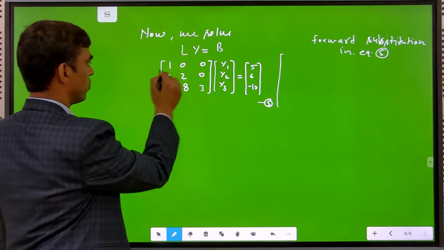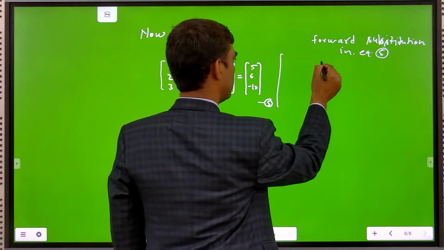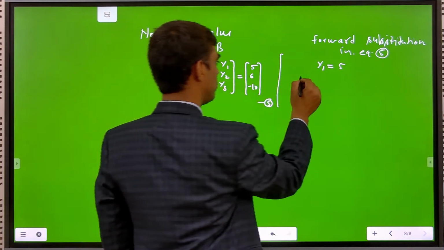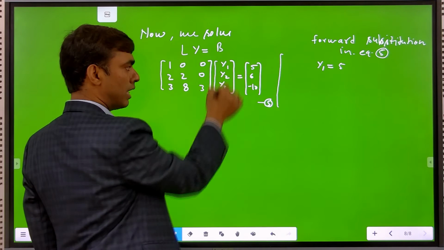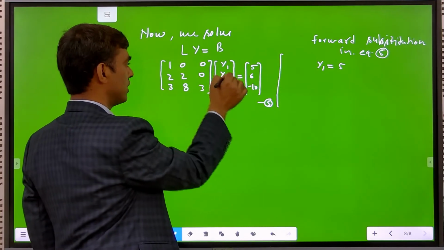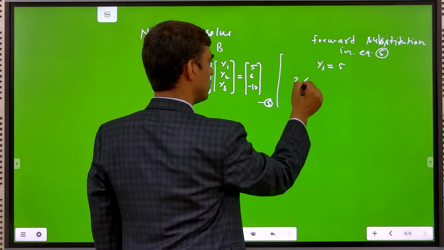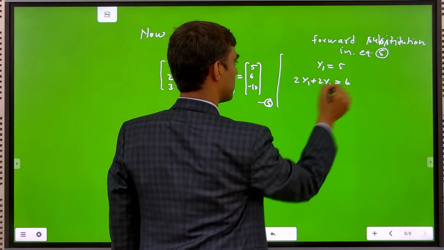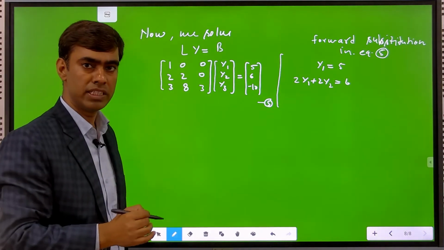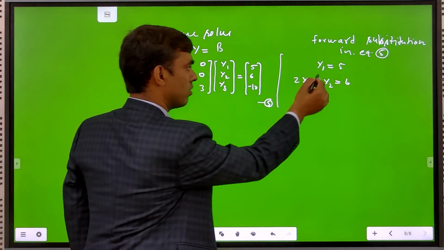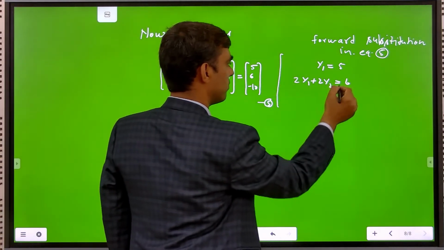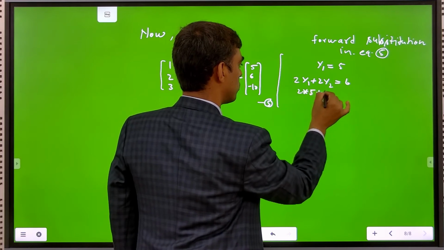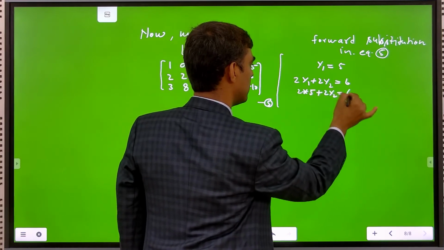Row by column: y1 equals 5. For y2, second row with this vector: 2 into y1 plus 2 into y2 equals 6. Putting the value of y1, this becomes 2 into 5 plus 2y2 equals 6.